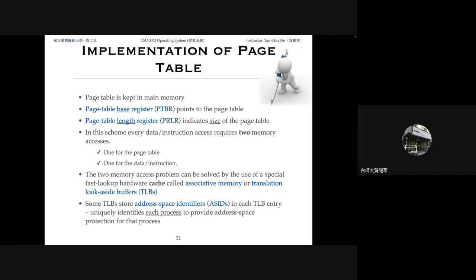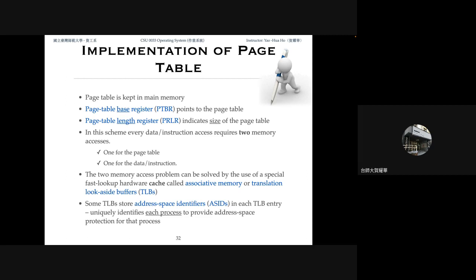If the process wants some instruction, the first thing you need to access is the paging table, which resides in main memory. So the first access gets from the logical address to the physical address, and the second access, from the physical address, actually gets the instruction or the data. So that requires 2 memory accesses.